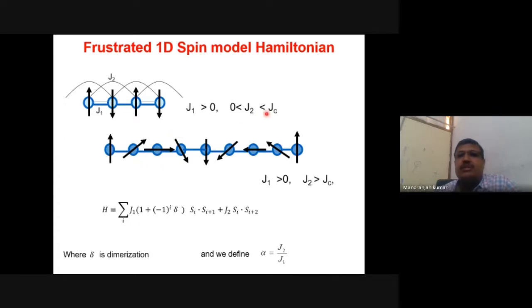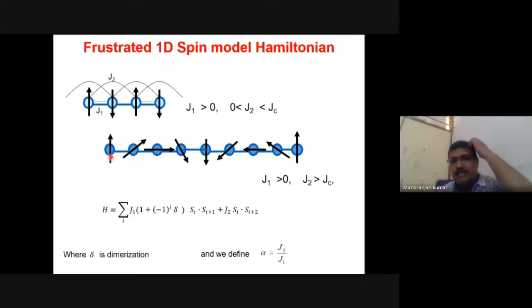Below some critical limit, you can have an antiferromagnetic arrangement. But if you increase J2 up to some critical value, you'll find that the system gets frustrated because both exchange interactions want to align antiferromagnetically. Because of that, there will be frustration in the system.